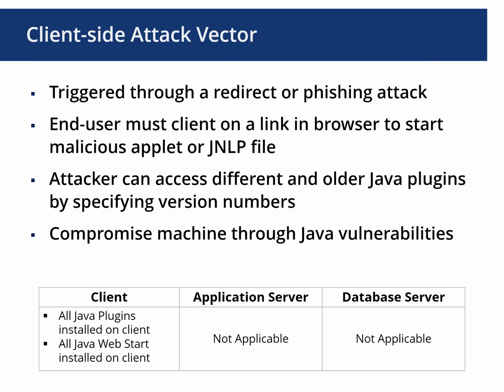Java has a very robust security manager, which blocks access to the local machine and lets you only do what the applet is allowed to do. Unfortunately, there are enough security vulnerabilities in Java that let me break out of that security manager, and I can then potentially execute things at the operating system level, access sensitive data, and do things within the browser. So again, this is why it's important to be upgrading those clients.